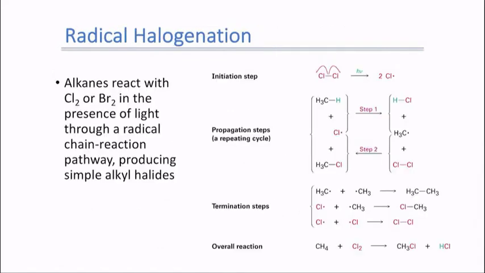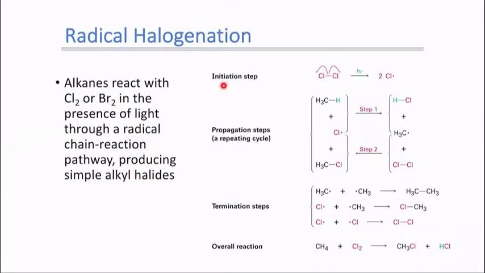So now that we've learned how to name our alkyl halides, let's start looking at how to prepare them. First, we're going to briefly touch on radical halogenation. This is something we've seen already, so we're not going to spend too much time on it. But if you remember, radical halogenation is where we can start with alkanes, use Cl2 or Br2 to create an alkyl halide.